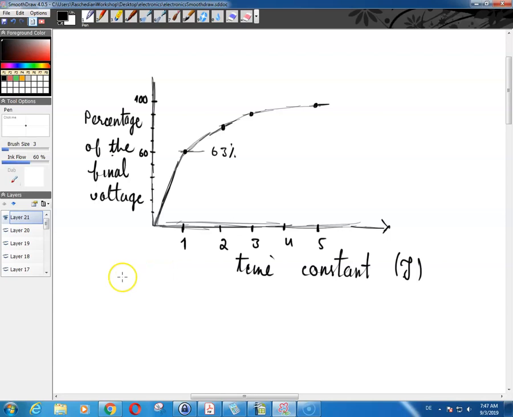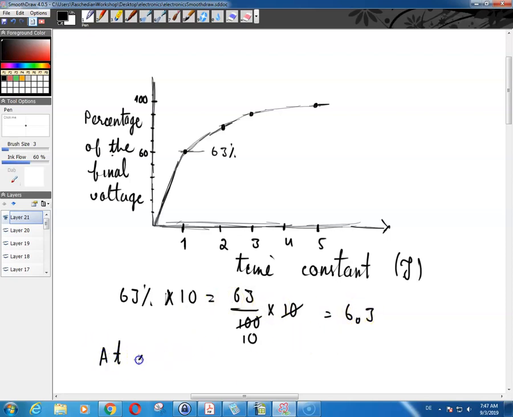So 63% of 10 volts would be 6.3 volts. 63% of 10 volts, 63 divided by 10 is 6.3.